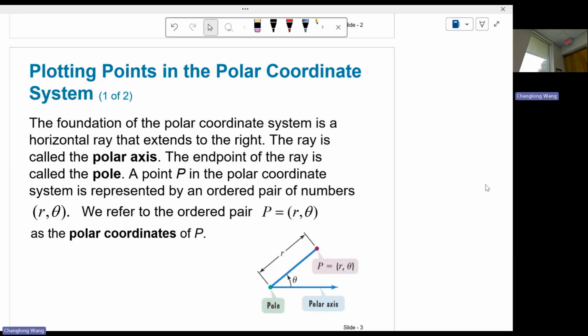That's how you locate that point using r, the distance from that point to the pole, and the angle theta, which is the angle spanned between the polar axis and the terminal side. And that's how you find the point P.